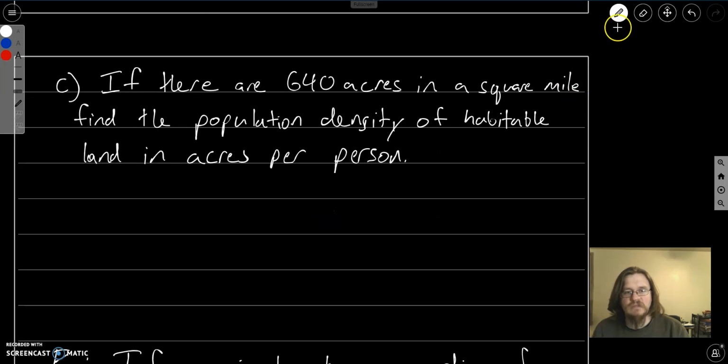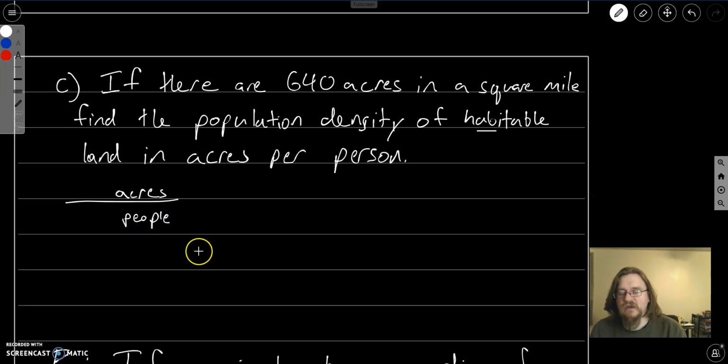If I were to start this question, what I would want to do is find how many acres of habitable land there are, and divide it by how many people there are. Well, I know how many people there are. That was given to us in the question. But the question is, how many acres are there? So we'll have to do a little bit of work to find how many acres there are.